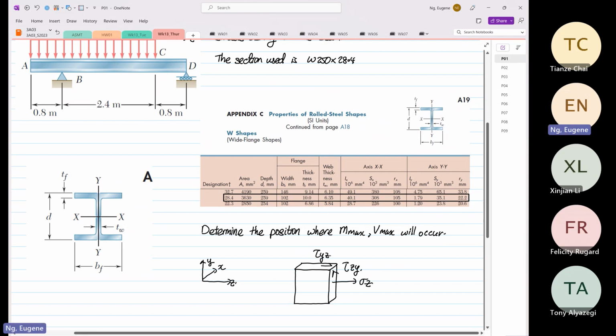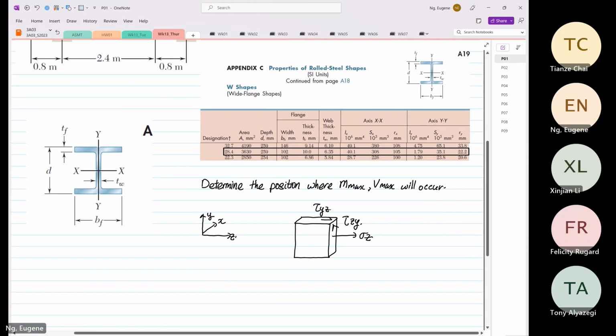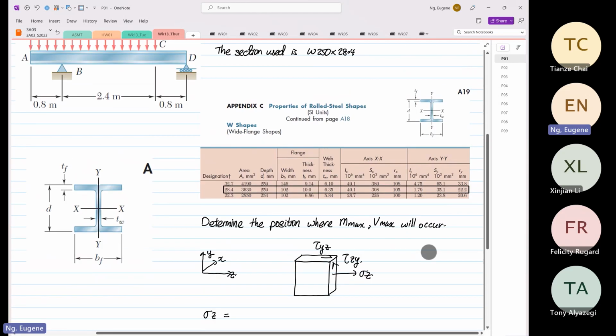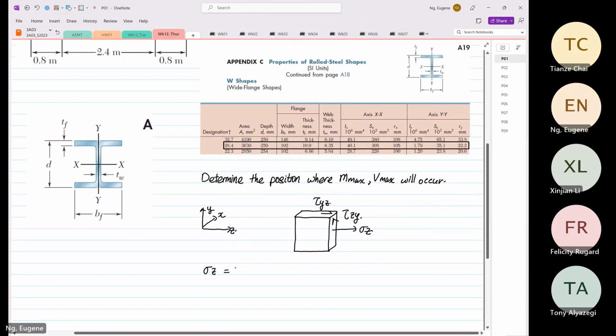So we know that the stress Z is equal to moment about X over IXX multiplied by Y. IXX we know. Y we also know. We don't know what is the value of Mx.